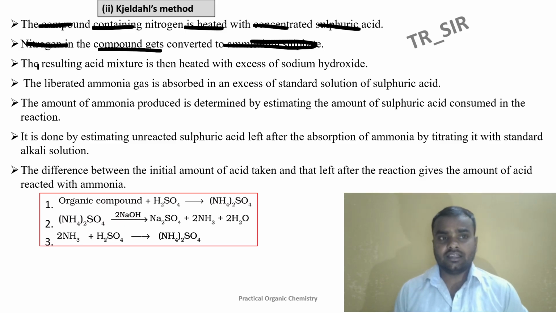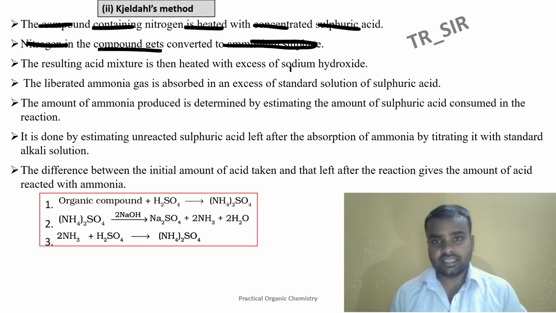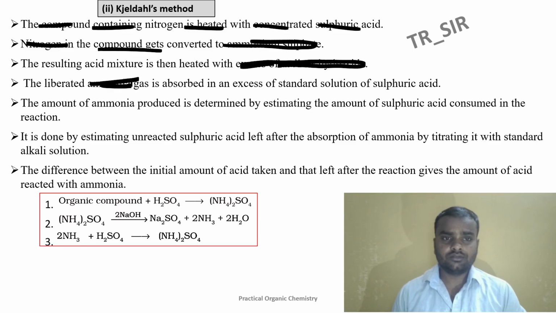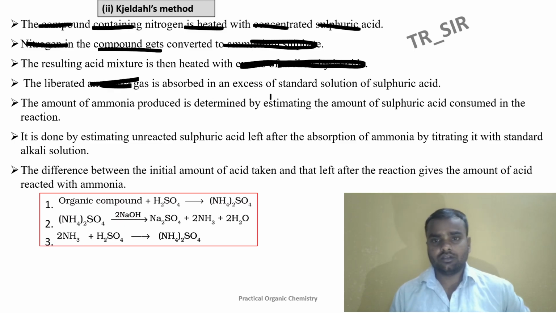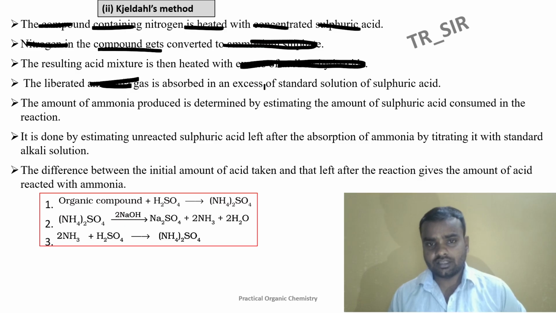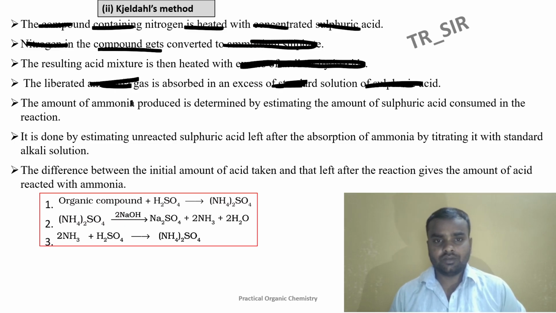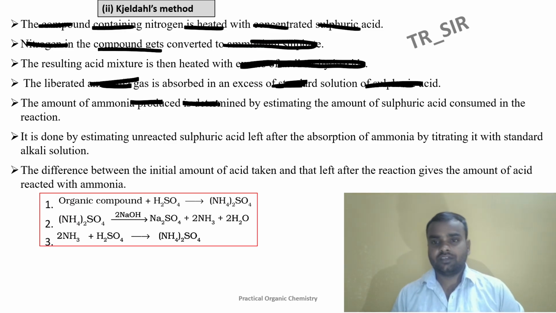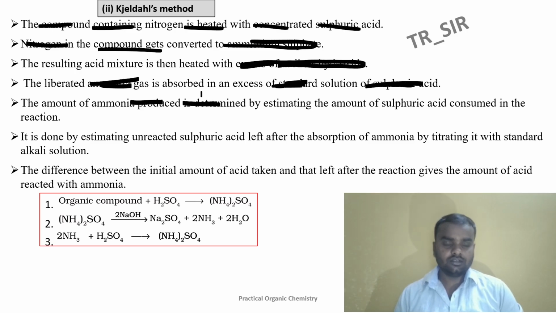Now the resulting mixture is heated with an excess amount of sodium hydroxide. Then ammonia gas will be evolved. After the ammonia gas is evolved, it is absorbed in a standard solution of sulfuric acid. Then ammonium sulfate will come. From this, we can get the N2 gas. So this is how we can find out the percentage of nitrogen.